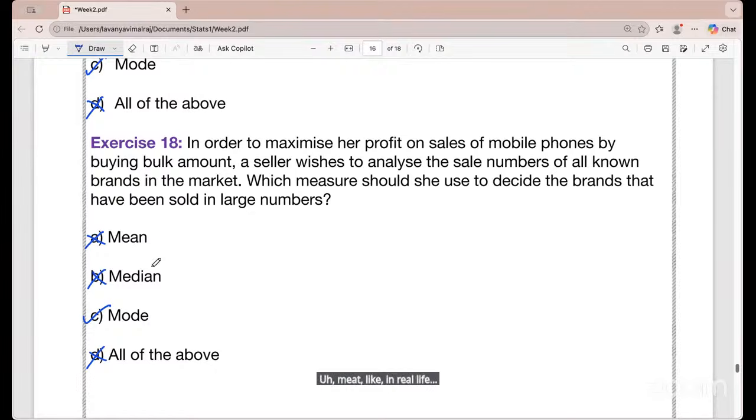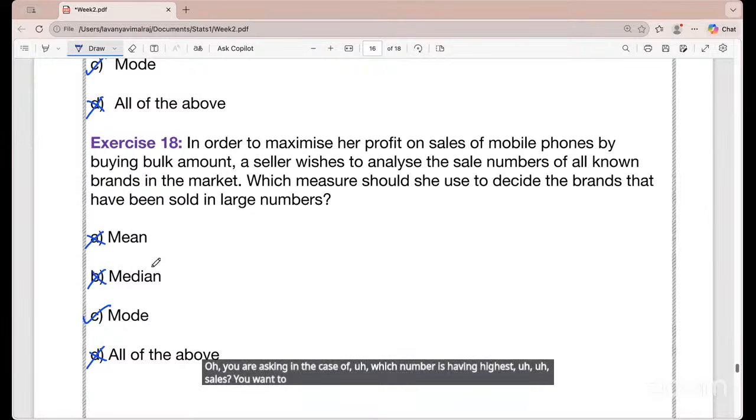No, I'm saying the median can be used when you want to see which mobile model has made the maximum profit, or the highest number of mobiles sold. But median gives you the middle value. If you are asking which number has the highest sales, you want to look at mode only, right?